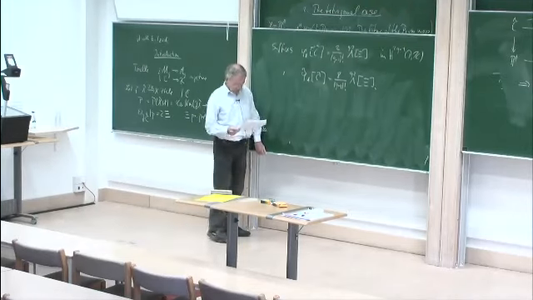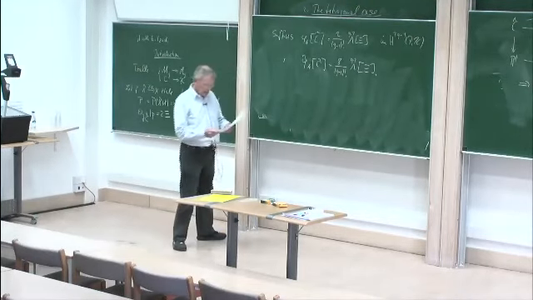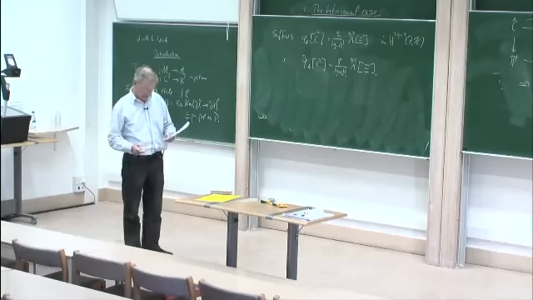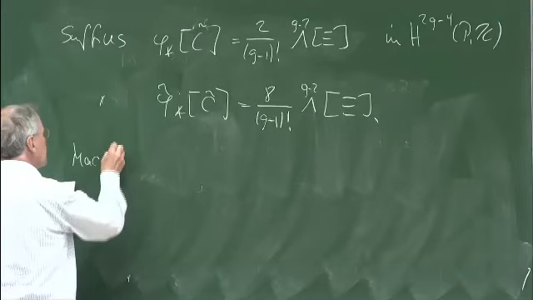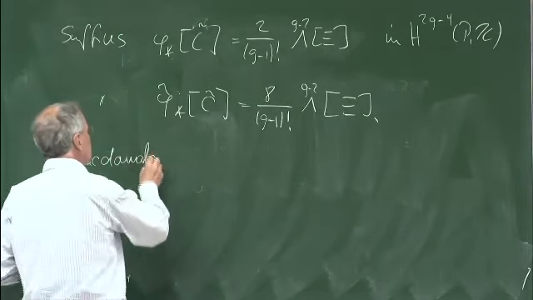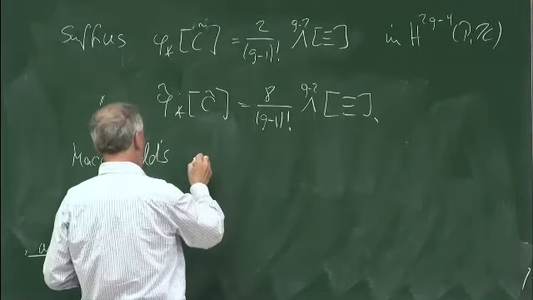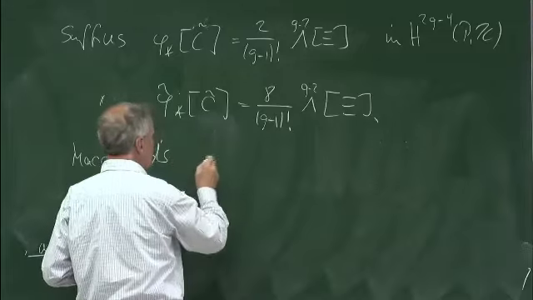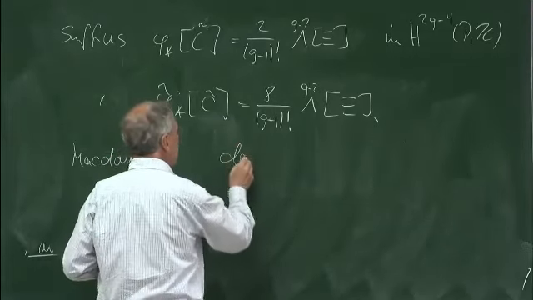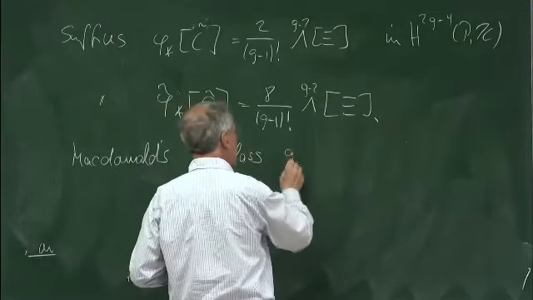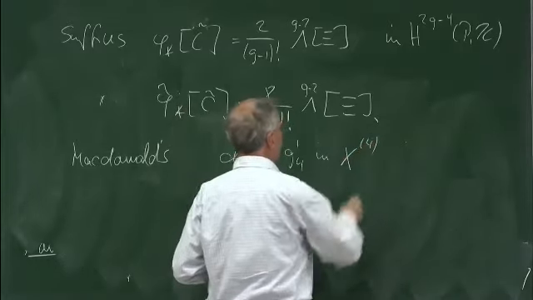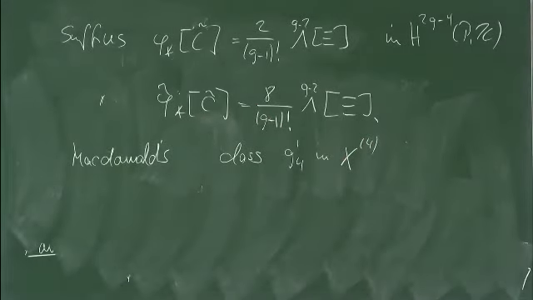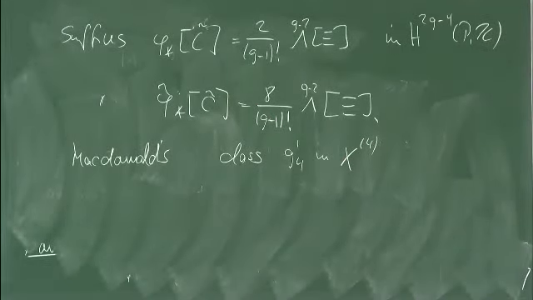Beauville showed, this is a computation due to Beauville, applying Macdonald's computation of the Macdonald's theorem for the class. Beauville computes the class of G14 in the symmetric product X to the 4. Okay, and then this comes out. I omit the details here.